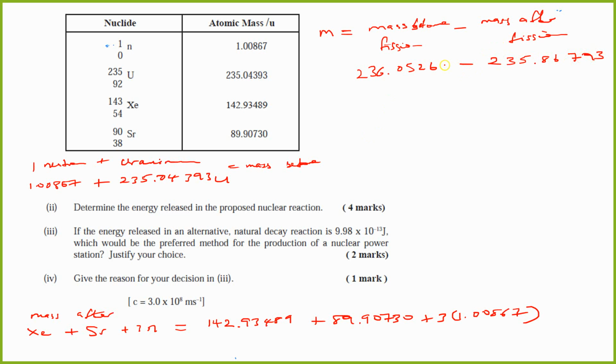And remember, the units are U, right? So if I do the subtraction now, I'm going to subtract 236.0526 U minus that number.